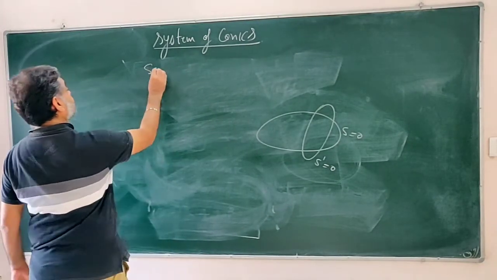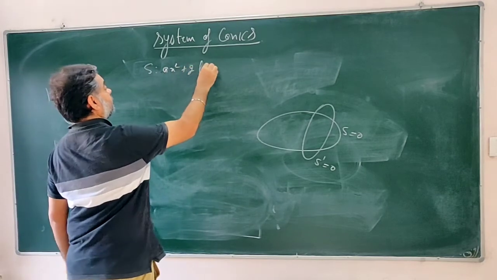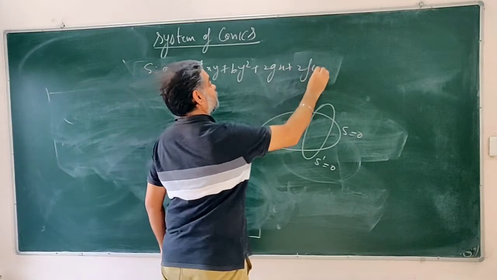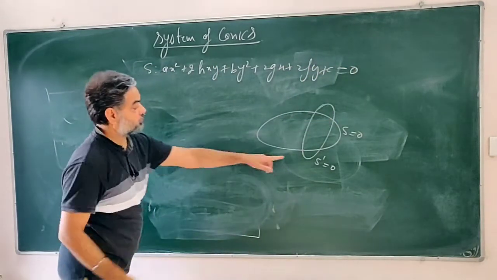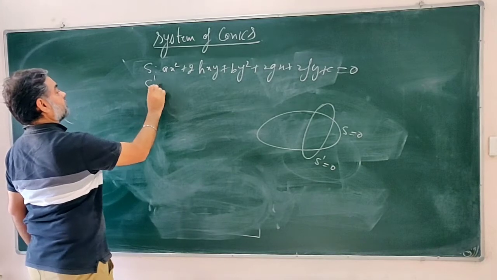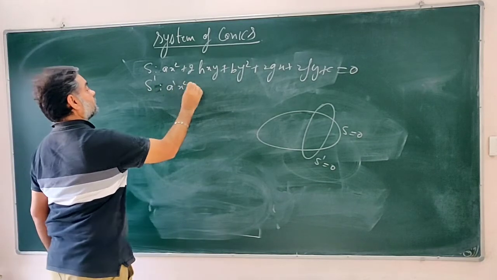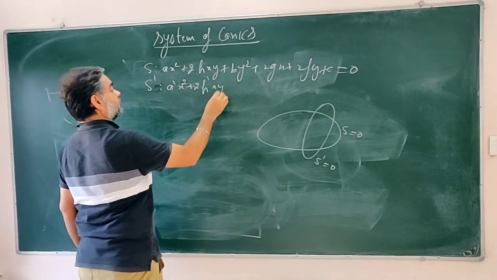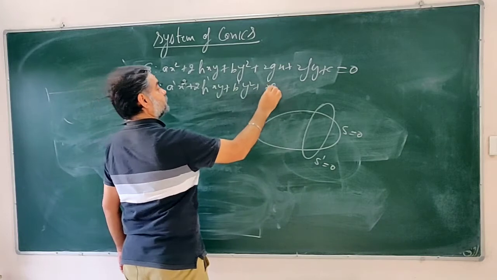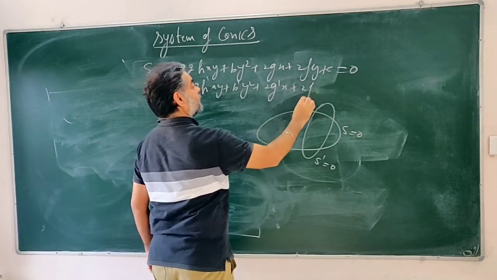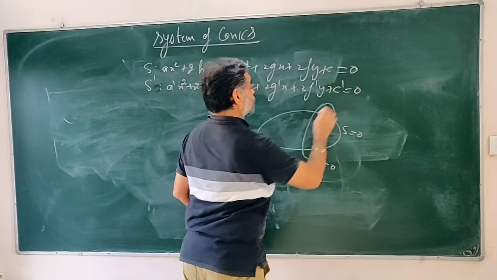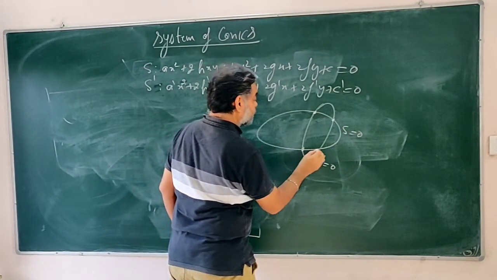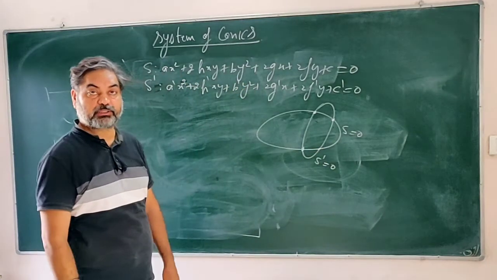Suppose the equation of S is ax square plus 2hxy plus by square plus 2gx plus 2fy plus c equal to 0, and suppose the equation of the other conic is a dash x square plus 2h dash xy plus b dash y square plus 2g dash x plus 2f dash y plus c dash equal to 0. Suppose these 2 conics intersect at these points.